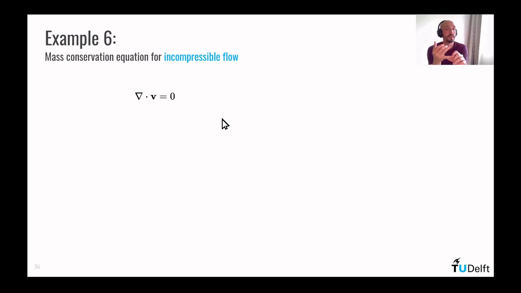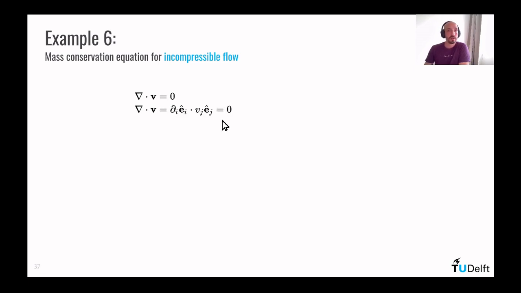We cannot use rank 0 because there's no direction associated, so it doesn't make sense to perform a dot product between a vector and a scalar. It doesn't make sense.